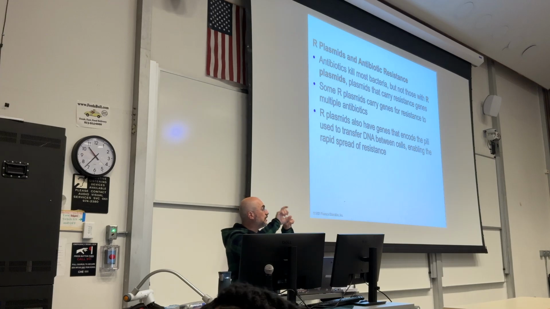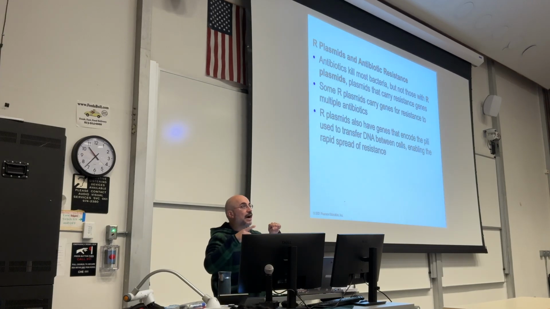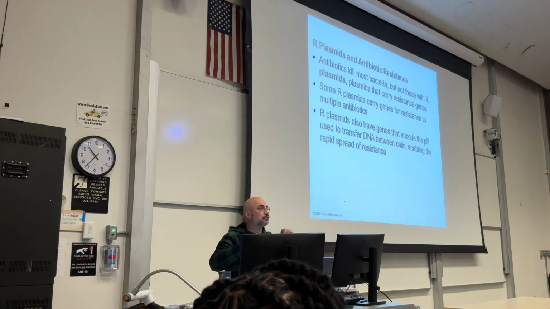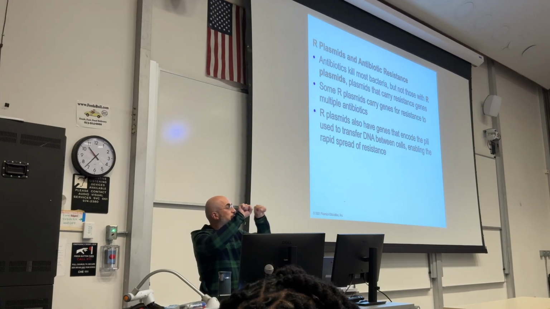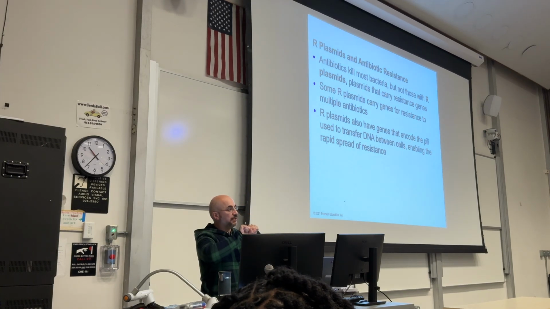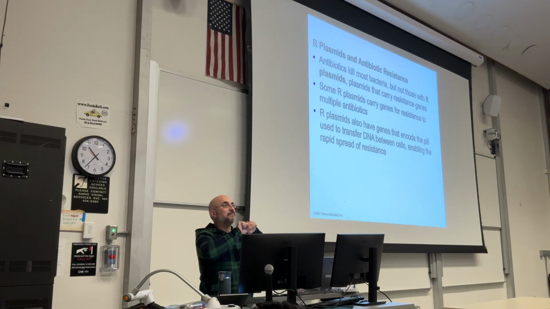So bacteria having this R plasmid are also biased into the production of this tube that is going to connect two individuals. So you can see again the problem in there. Now, the plasmid is going to have the resistant genes, and it also has the information to say to the bacterium, hey, produce the tube that is going to connect to other individuals, okay?